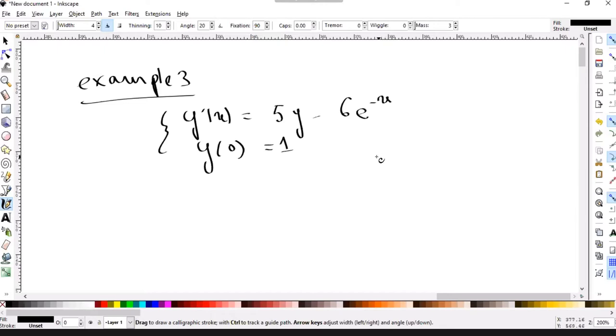or using what we call the variation of the constant. Okay, so I will use the homogeneous equation and variation of the constant because it's a general method. Okay, so homogeneous equation.